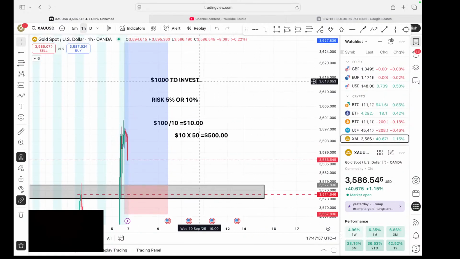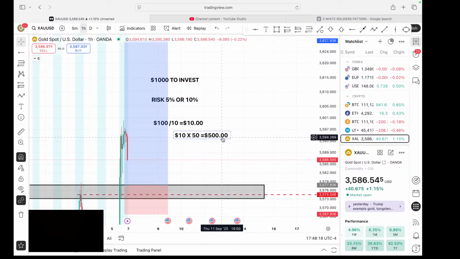So if you had 1,000 to invest, you would risk 5 or 10%. 100 divided by 10 equals $10 per point. We're trying to get 50 points this week from gold, right? If you only willing to risk $100, you can make up to $500 off of one trade.